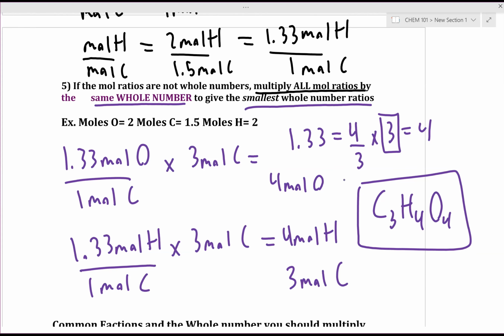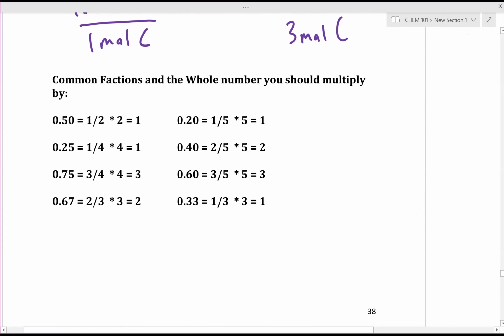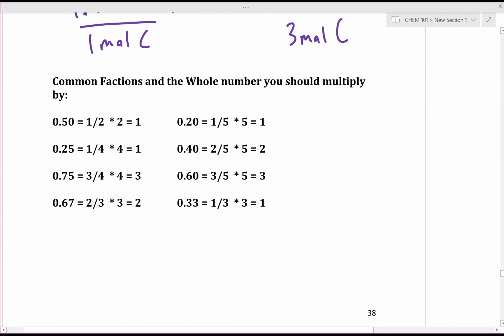Exactly. And to help everyone recognize the common fractions, I have a trick for you. This is a table of common fractions and the whole number you should multiply by. I want you to box in purple, or whatever color you can, these whole number cheat sheets.